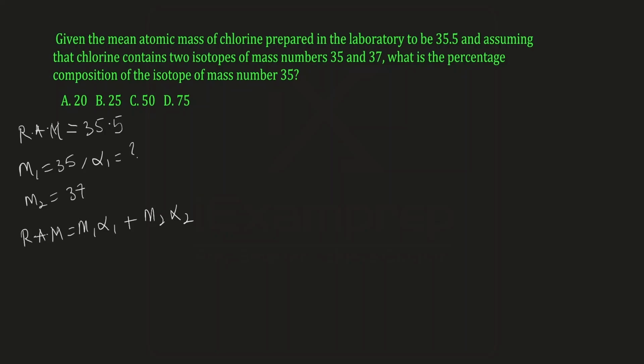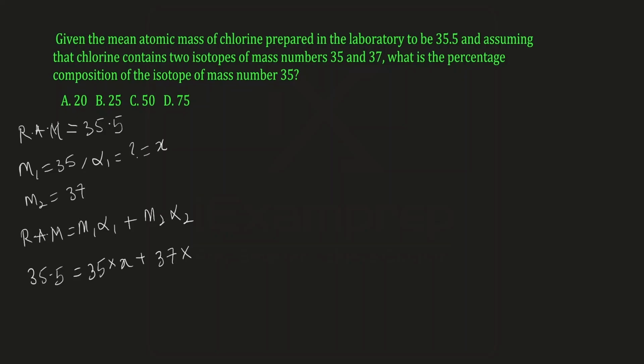Now, the abundance of the first one is not known, so I'm going to call it X. If you plug in, relative atomic mass 35.5 equals mass of the first one, 35, multiplied by abundance X, plus mass of the second one, 37, multiplied by abundance of the second one, which also is not known.